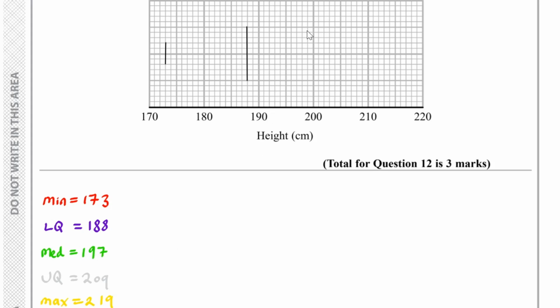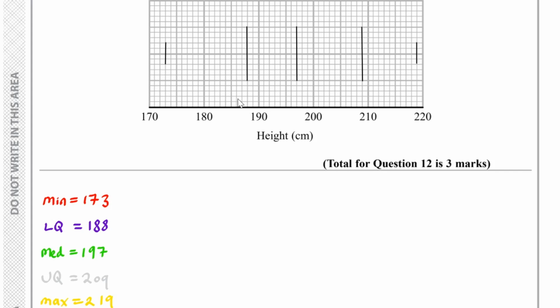We've got 197 for the median and 209 for the upper quartile, and the maximum value, that's 219. So that's this over here.